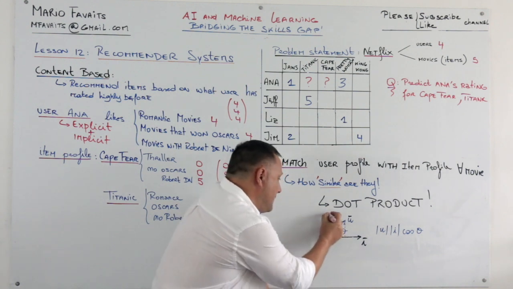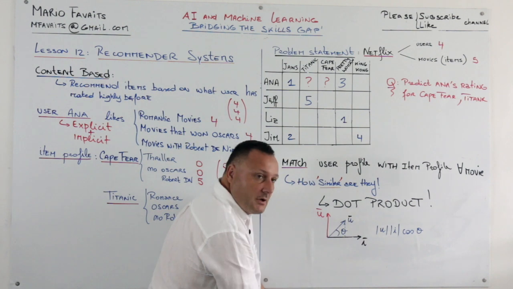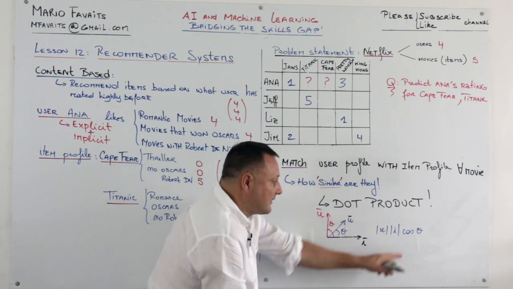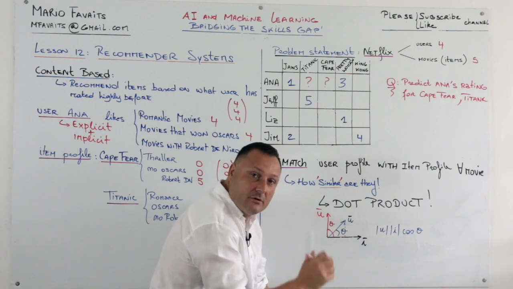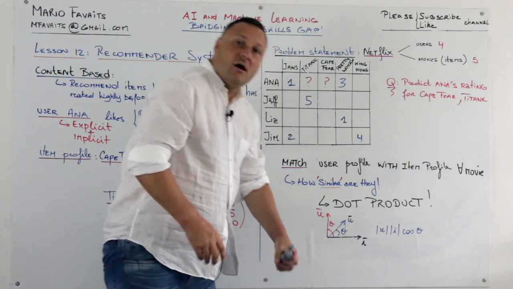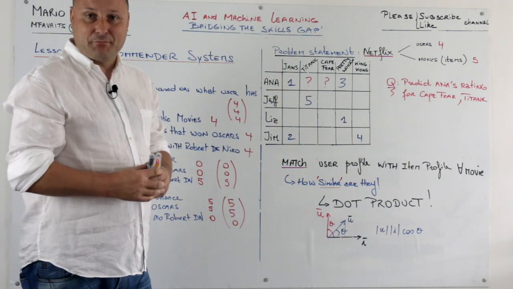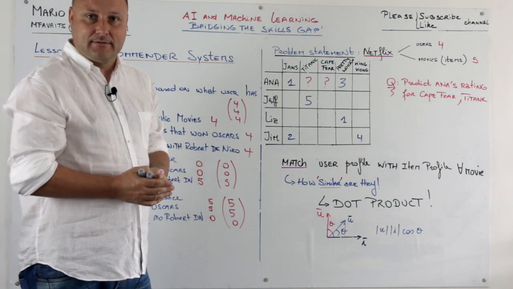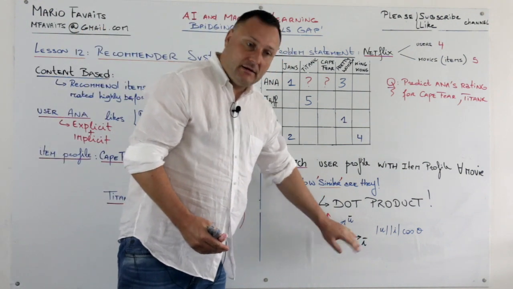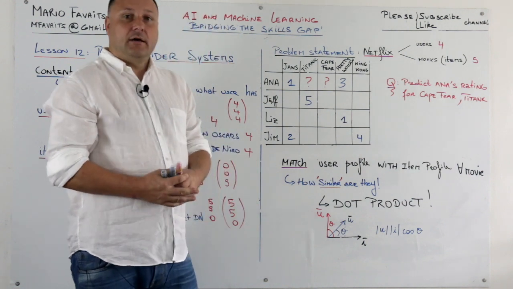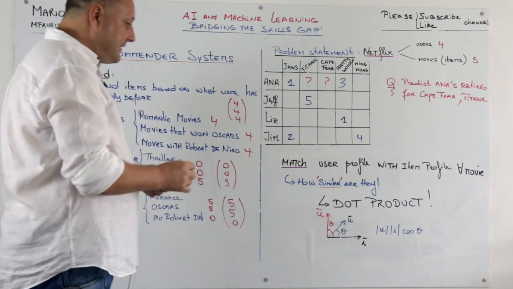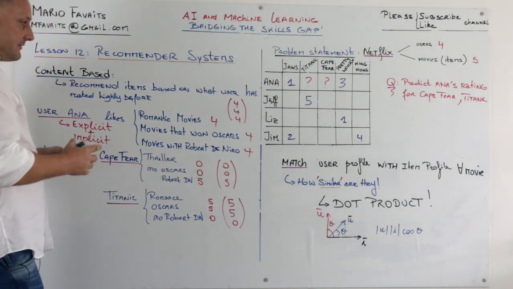But if your vector u would be this one, theta here would be 90 degrees, and the cosine of 90 degrees is 0. So that means that u and v in this case are not similar. This is the worst case. Now, the best case is they fall in line. Worst case is they make an angle of 90 degrees. So the only thing we need to do is to calculate these dot products.